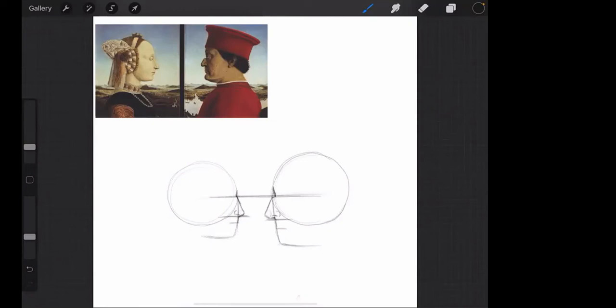And the mouth. You can draw the upper lip and the lower lip.